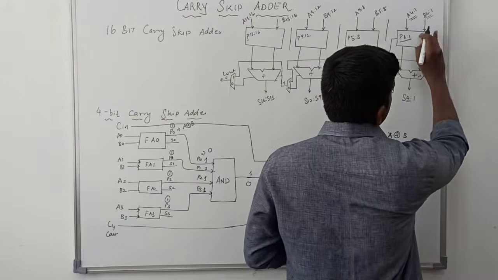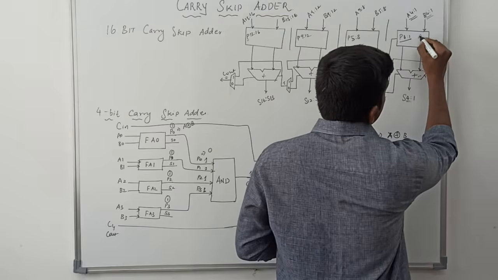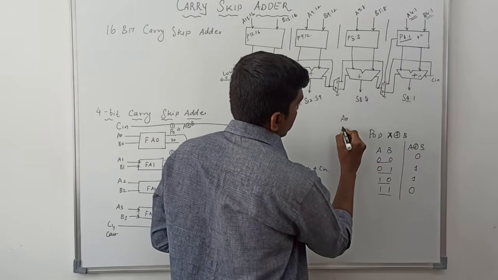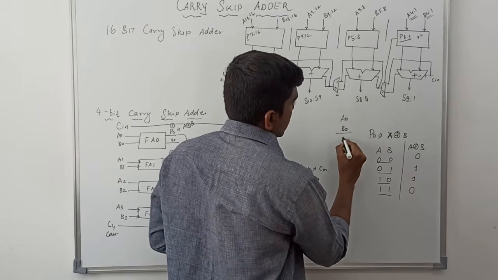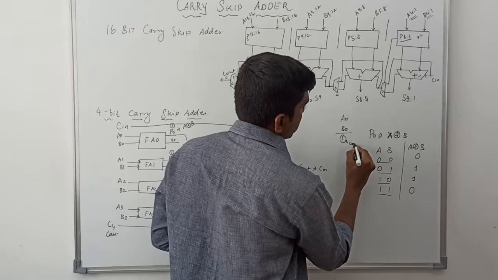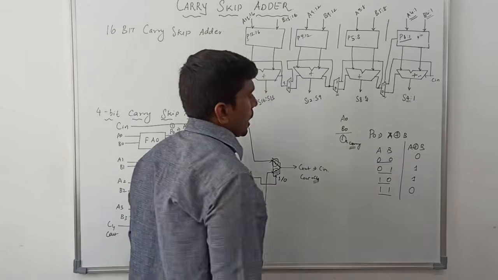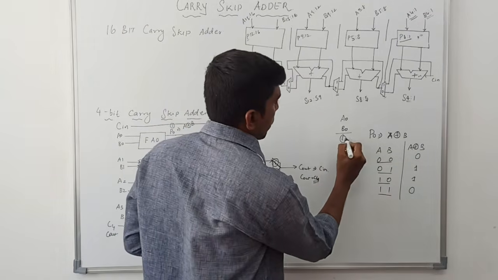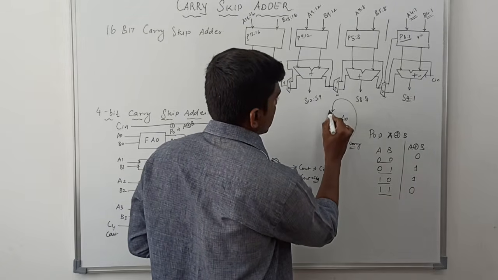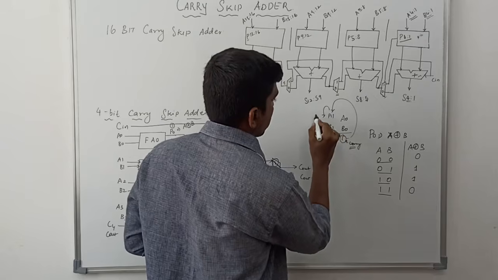So let us consider here. First add A0 and B0. Suppose a carry is generated. This carry is propagated to the next bit. So A1, B1, and that carry is propagated to the next bit.